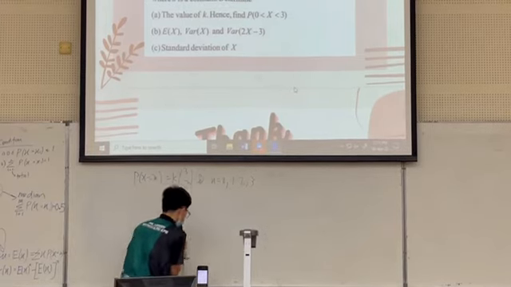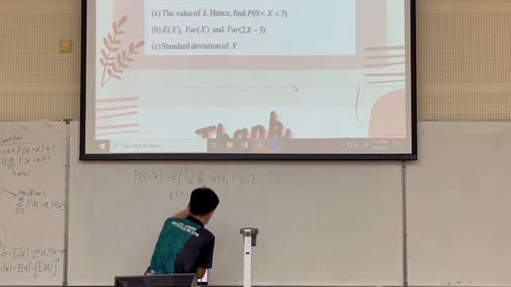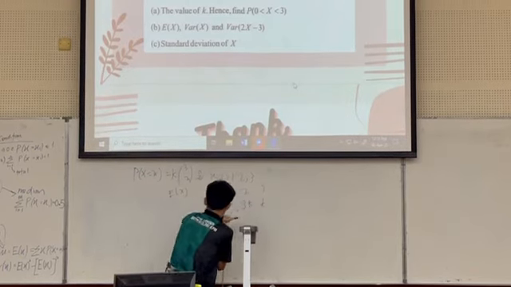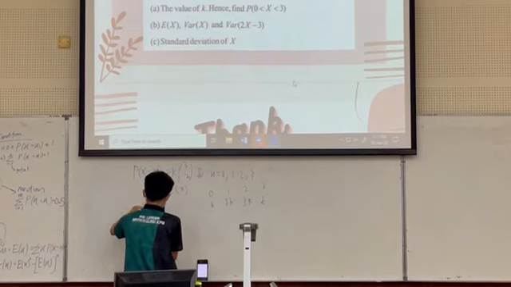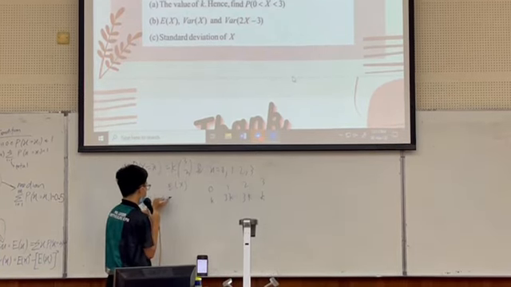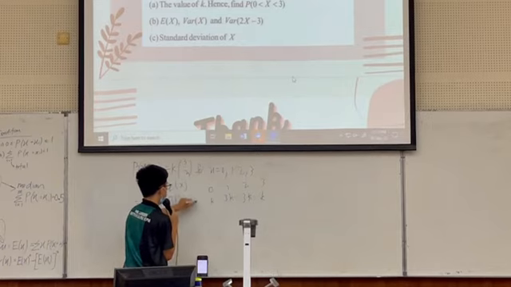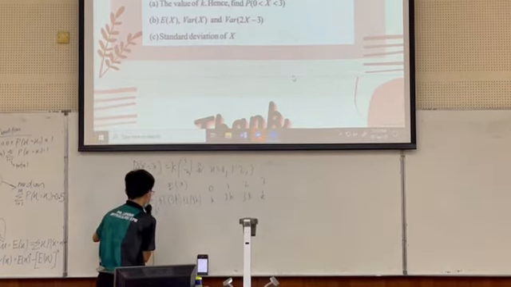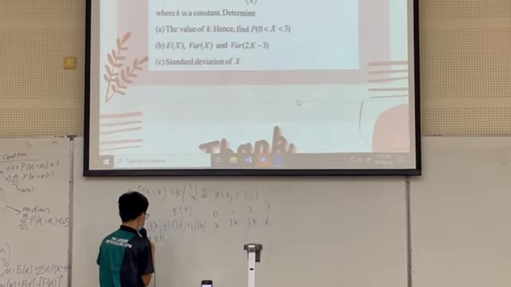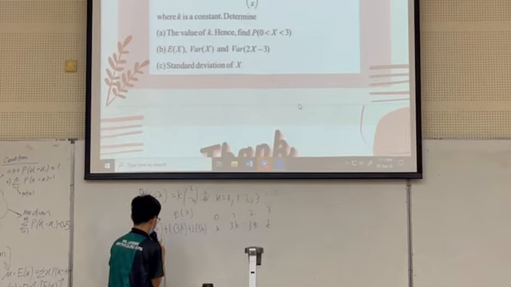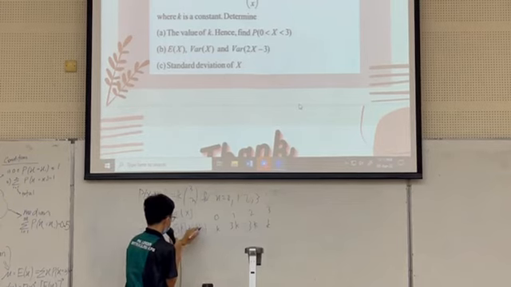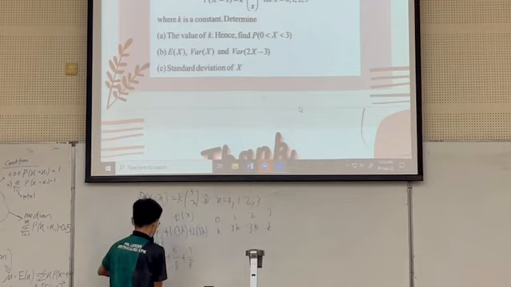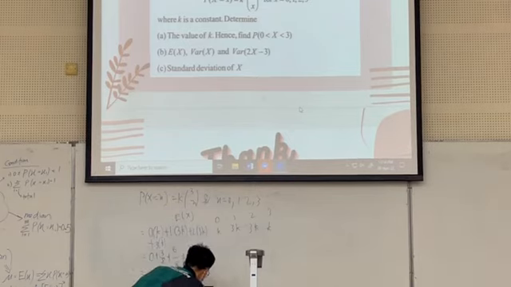It means that the X values are 0, K, 1, 3K, 2, 3K, and 3, K. So we want to find the EX: 0 multiply K plus 1 multiply 3K plus 2 multiply 3K plus 3 multiply K. So 0, this is 0 plus, K is 1 over 8, so 3 over 8 plus 1 over 8 plus 3 over 8, 6 over 8 plus 1 over 8. So the answer is 3 over 2.